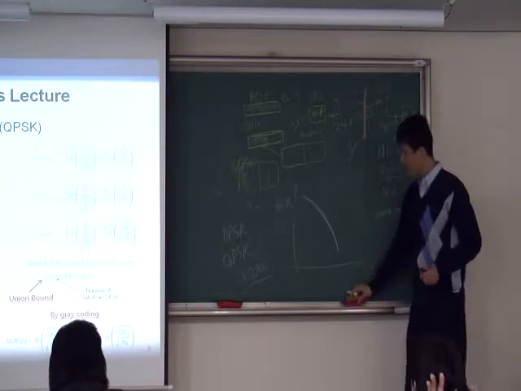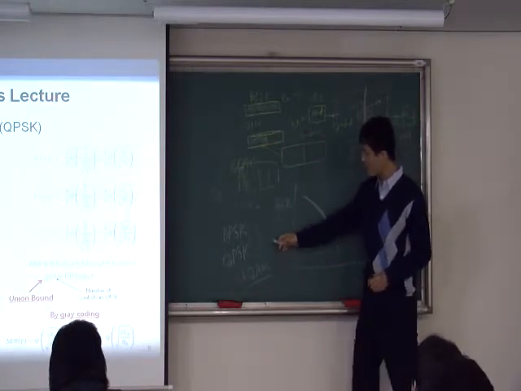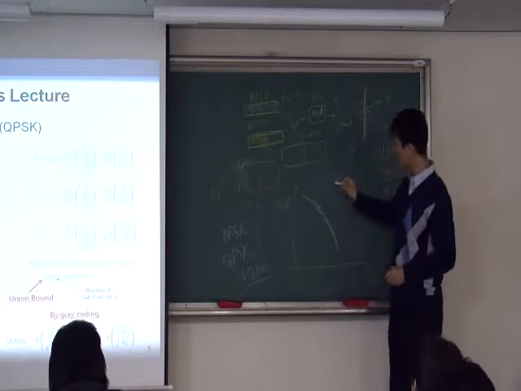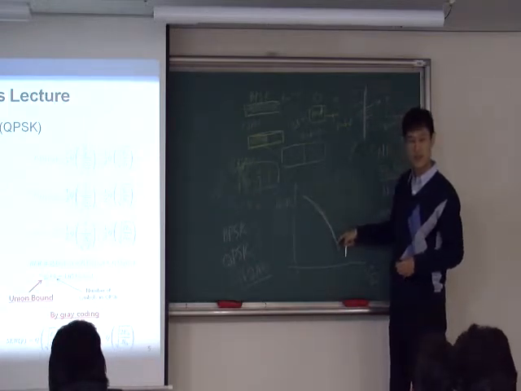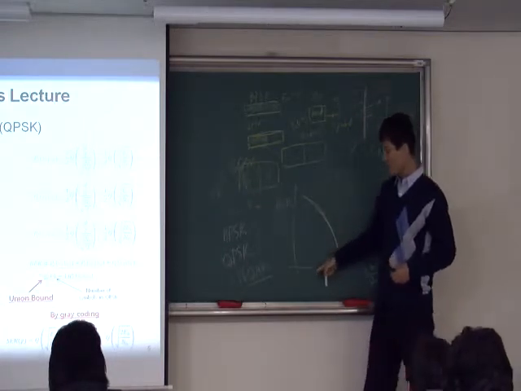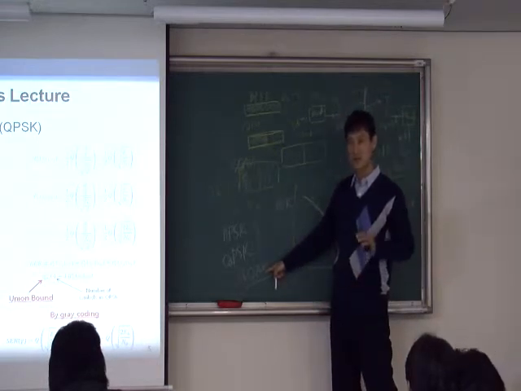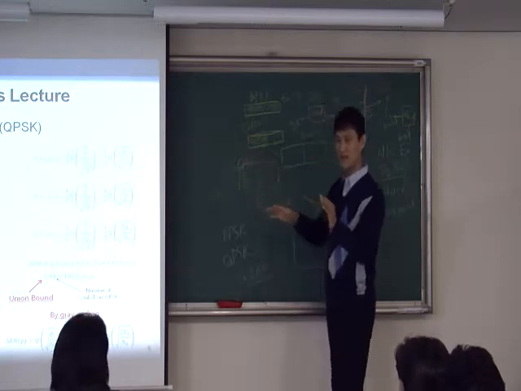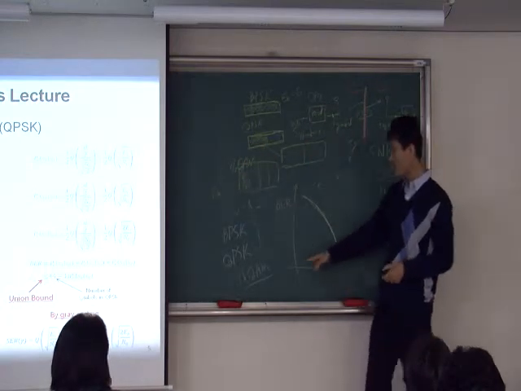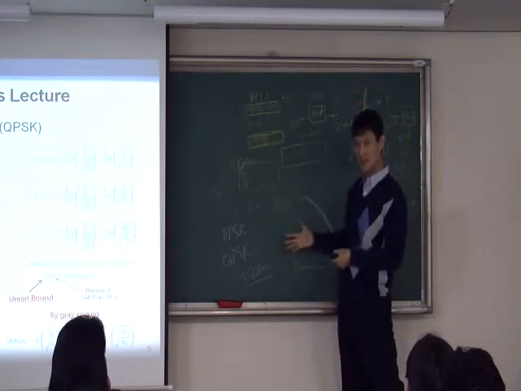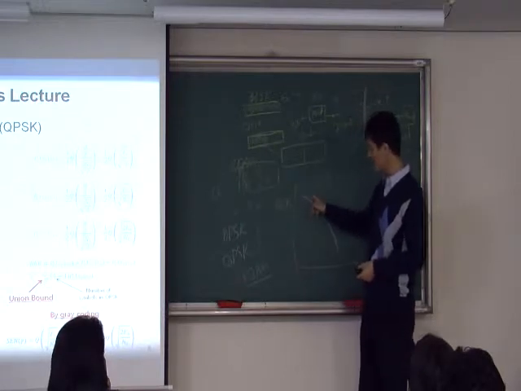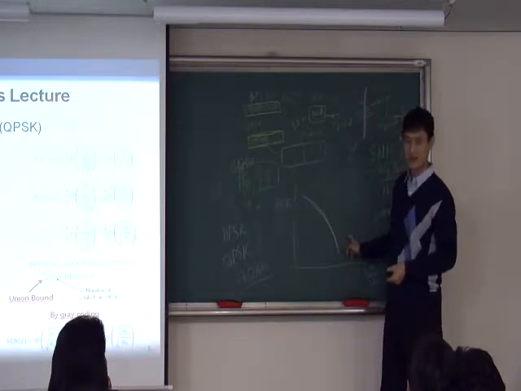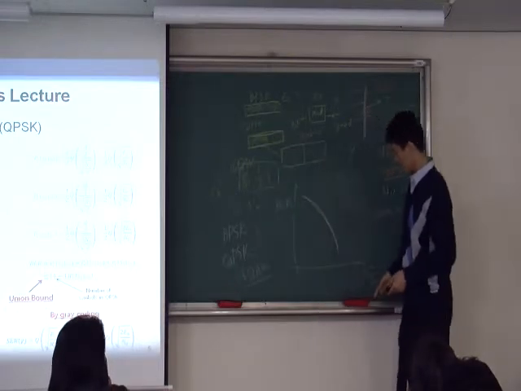In that case, with 16 QAM, even though you fix the EB, the 16 QAM BER is not going to be the same as BPSK. Why is that? Because this one has no such specialty. Okay, 16 QAM, we have 16 different symbols, right? So the BER, even though you fix the EB, for this guy is actually a little bit higher. Okay? But this is a very special case.